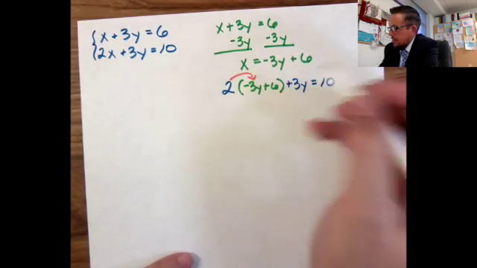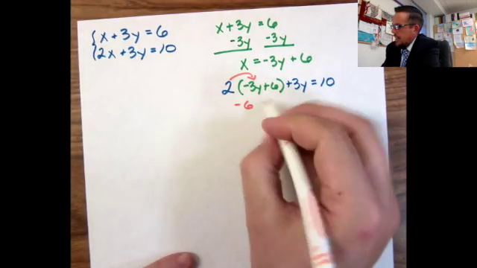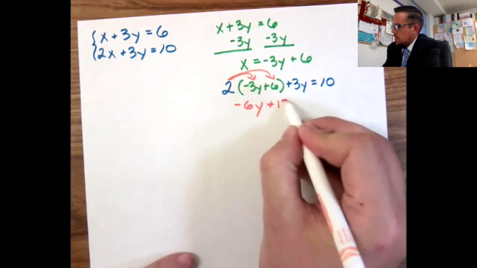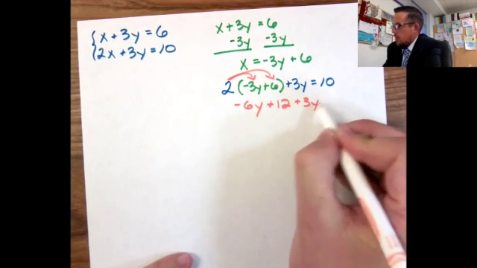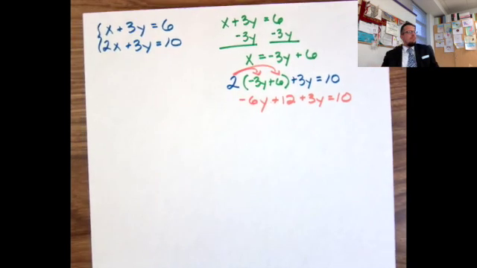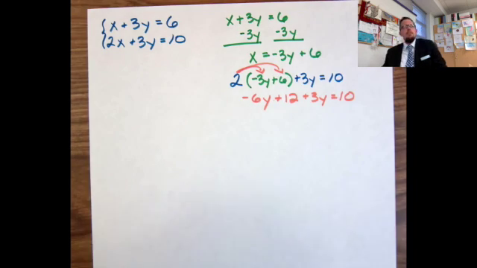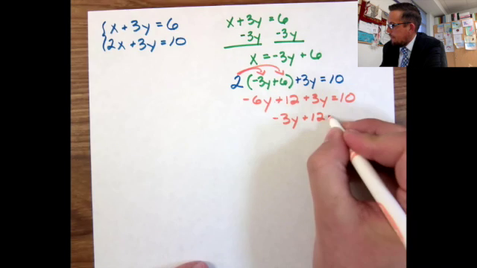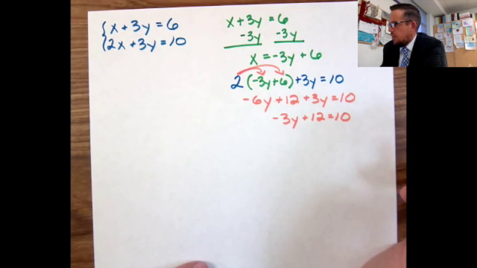So distributive property. Negative 6y. And 2 times 6 is 12. Plus 3y equals 10. And then you put the y's together. It's a good idea. Combine our like terms. Negative 3y plus 12 equals 10. So far, so good.